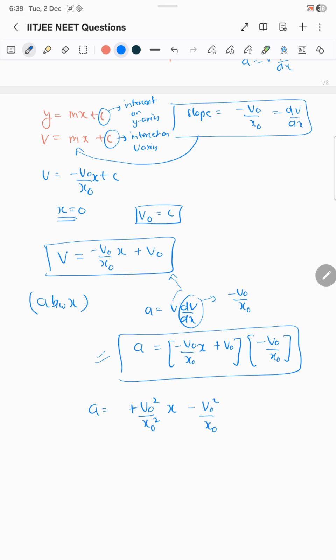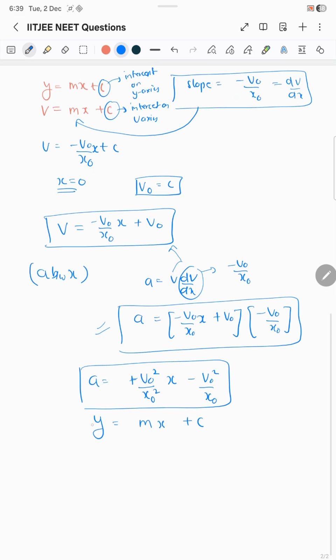Again you can see this is the same kind of straight line equation. We can compare it with the straight line equation, where on the y-axis we take acceleration, the slope is v naught square divided by x naught square, and the intercept is also given. So now it is easy to draw the acceleration displacement graph.